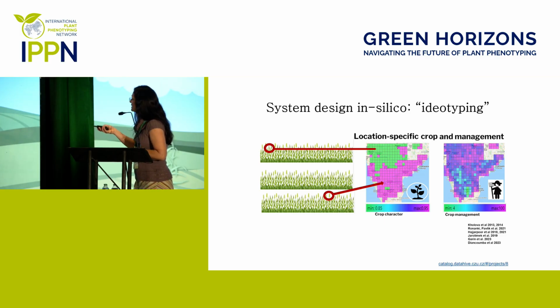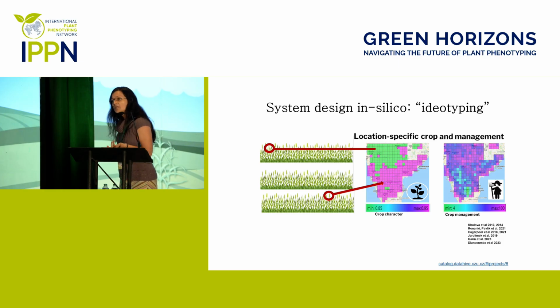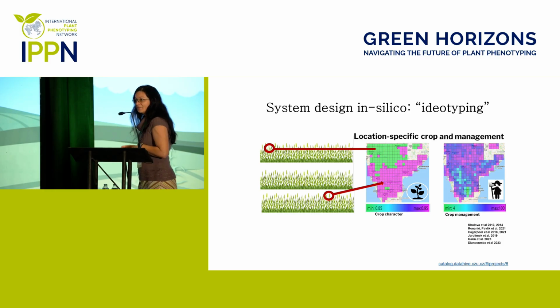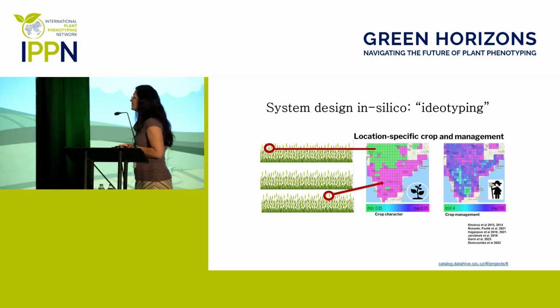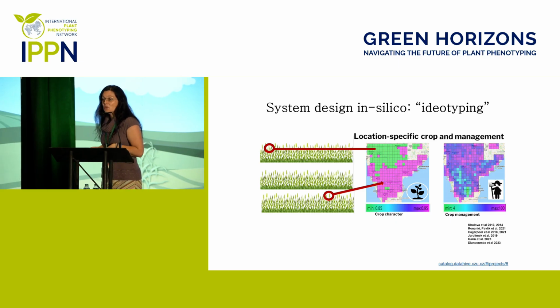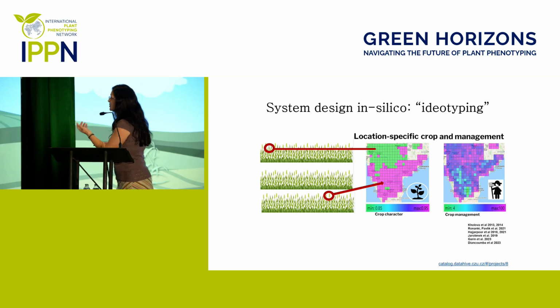And what you see in this picture, and what I wanted to stress, is that the ideotype will be different for different contexts. Not many people talked about the management, but crop management is a huge part of system optimization. So we can actually virtually combine the exercise of genetic combinations with the management combinations.